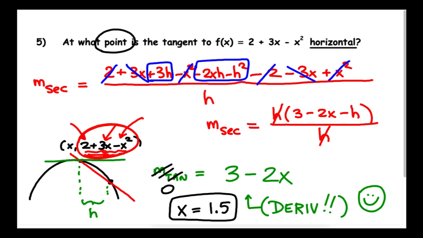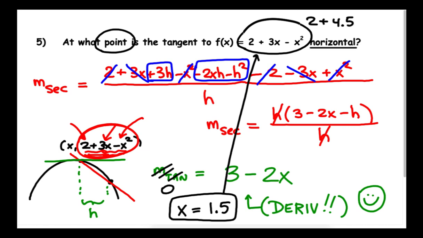1.5 comma what? Well, simply take the 1.5 and plug it back into the original. I'll try to do this mentally. We have 2 plus 3 times 1.5. That'll be 4.5. Minus 1.5 squared. That's 2.25.